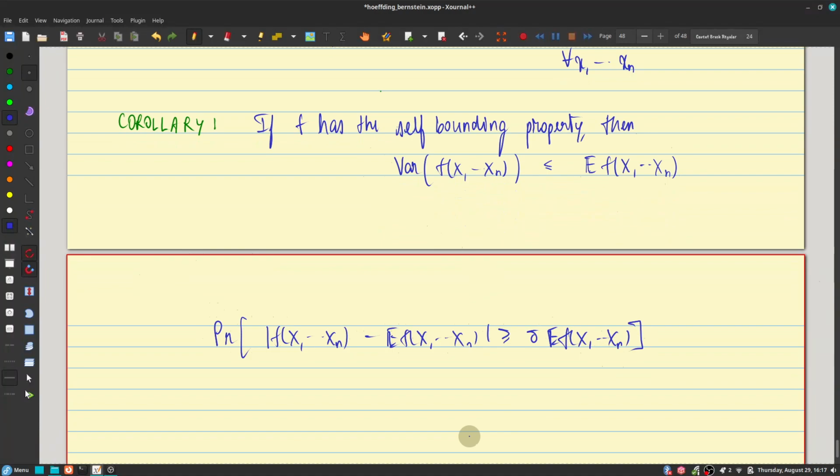In other words, what is the probability that f is within 1 plus or minus delta of the expected value?